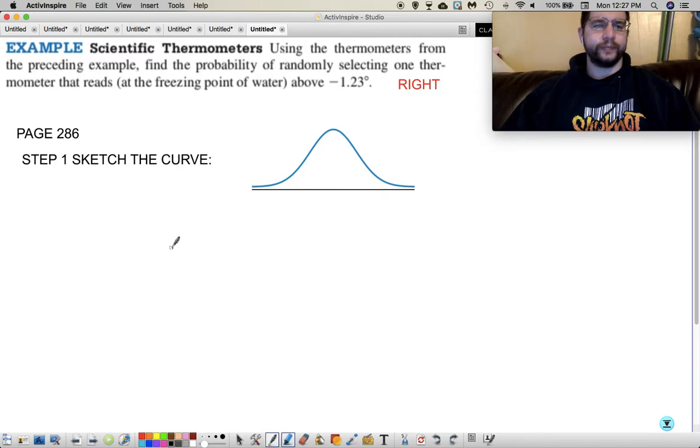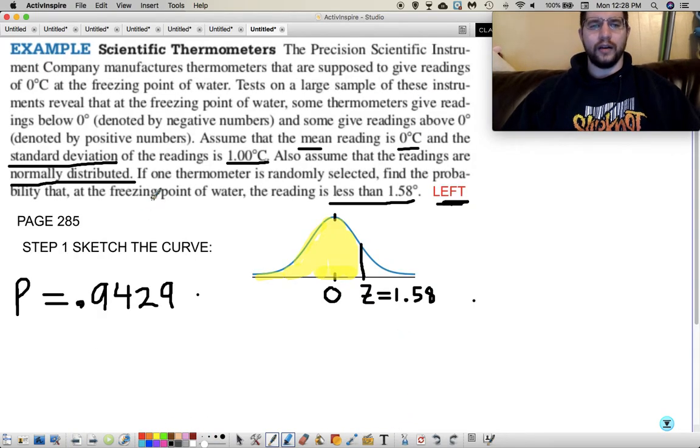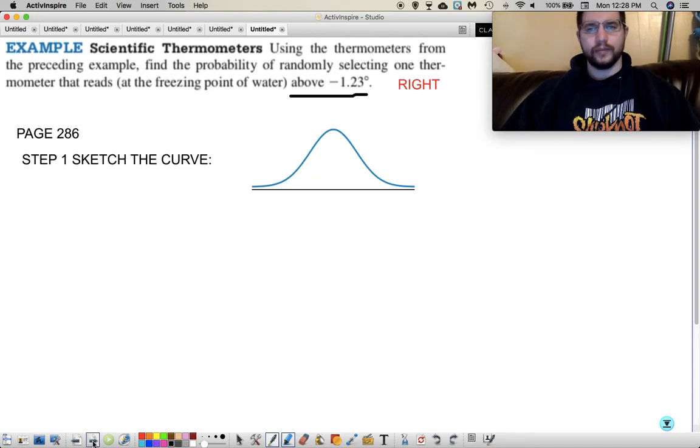Let's look at this example. Again, the first thing we do is find our info. So using a thermometer from the preceding example, find the probability of selecting one thermometer that reads above negative 1.23. So from the previous problem, we know that our mean and standard deviation is 0 and 1, respectively. So plot my mean right here at 0.